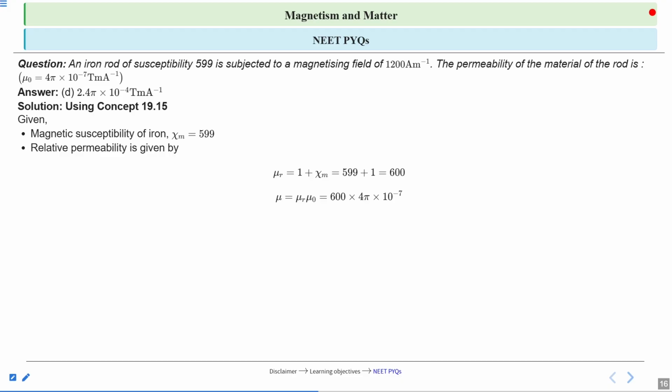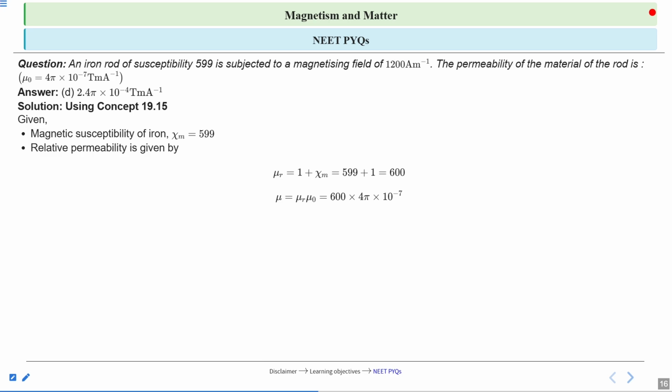So mu, the permeability of the material, is equal to mu r, the relative permeability, into mu naught, the permeability of free space. We know that the value of mu naught is 4 pi into 10 to the power minus 7 Tesla meter per ampere, and it is given in the question also.